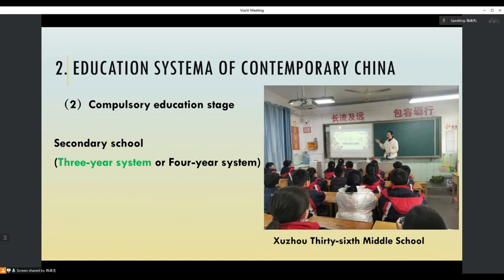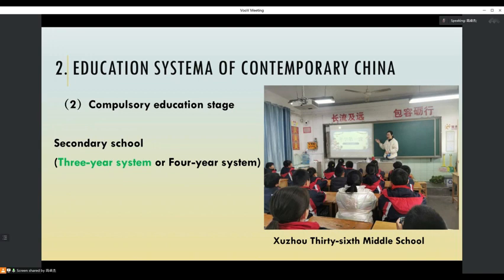If you get a 4-year education in secondary school, you may get a 5-year education in primary school.